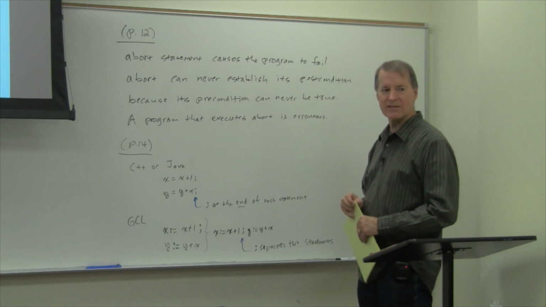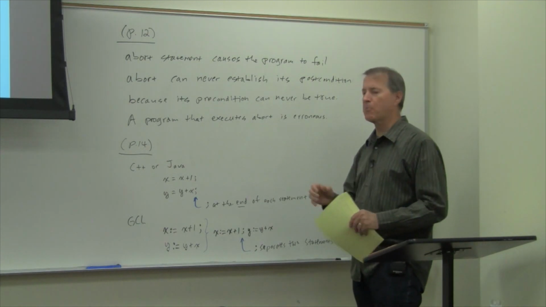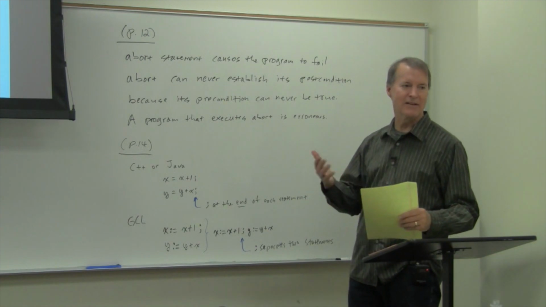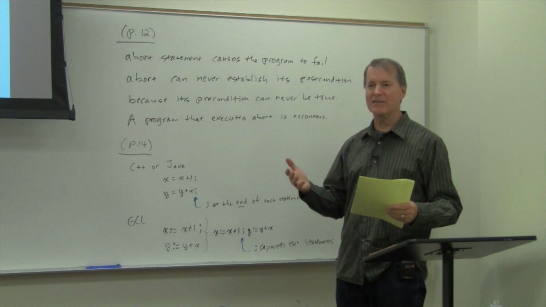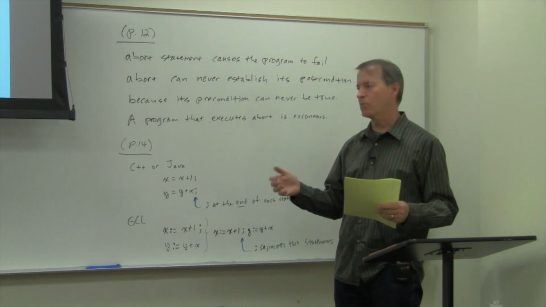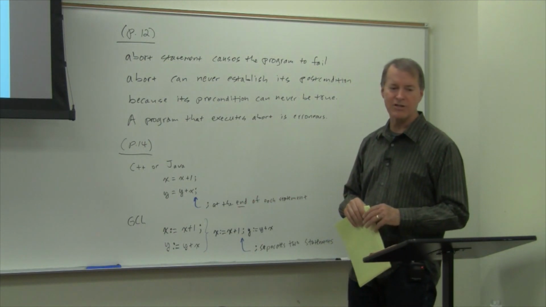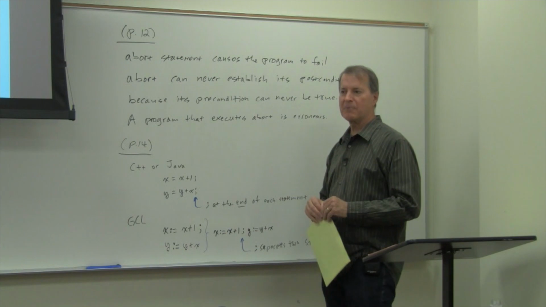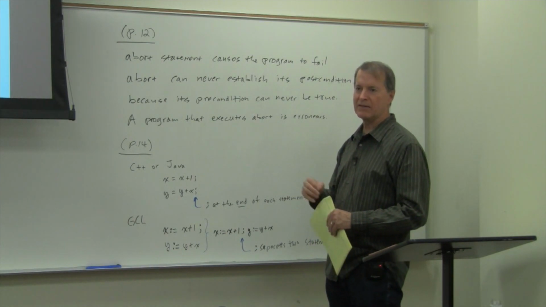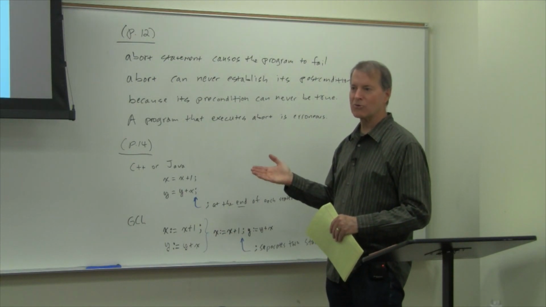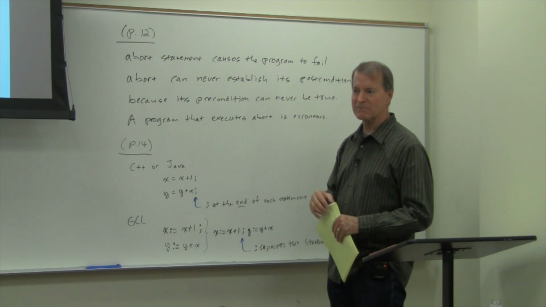Well, they were both developed about the same time, and Kernighan and Ritchie are the people who were developing the Unix operating system, and C was invented to write the Unix operating system.